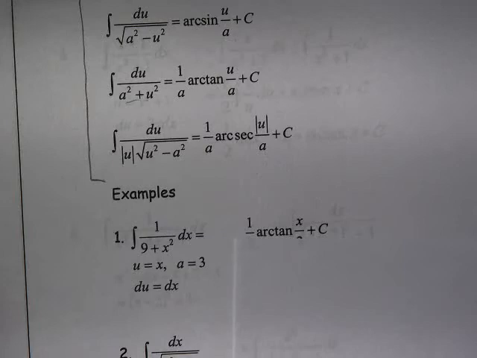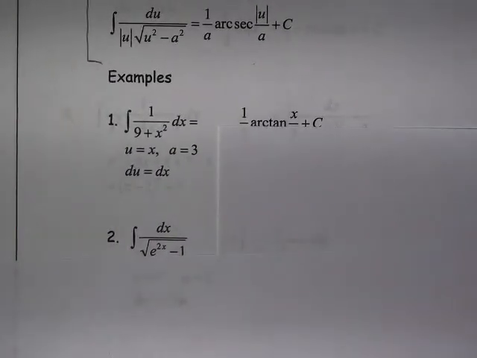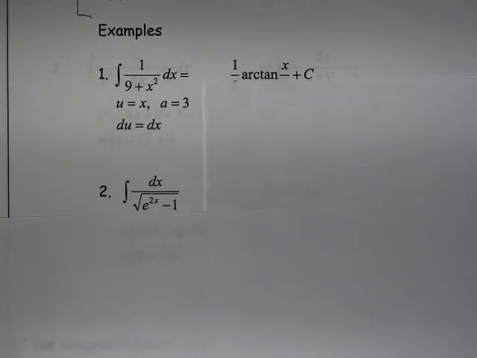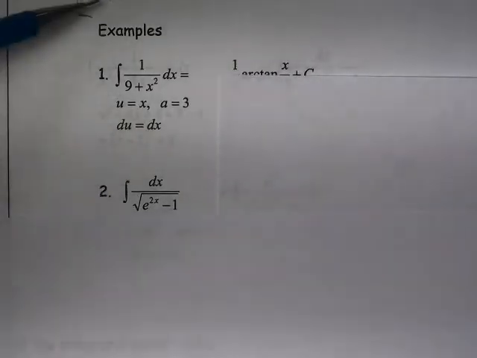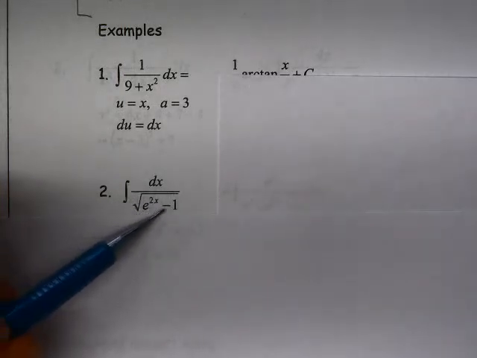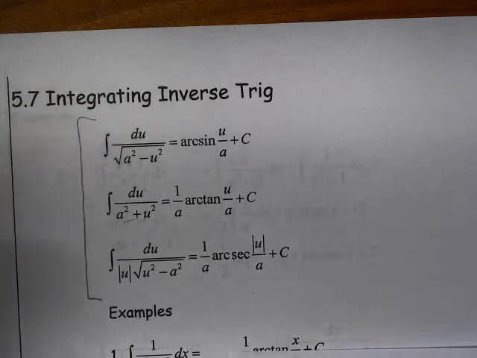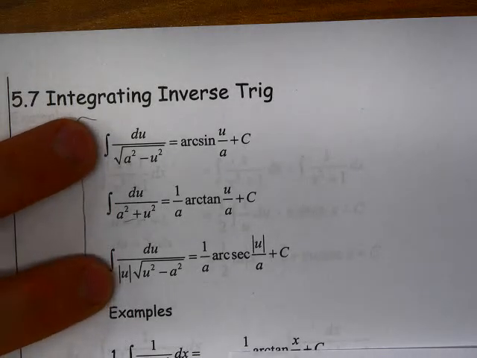We have another one here. And again, when we start with this, we look at this and we say, okay, well, which of those patterns does it look most like? So if you look above on your notes, we have the square root, some function of x minus a constant. Right? So if I compare that, these are the two here that have a square root in the denominator.